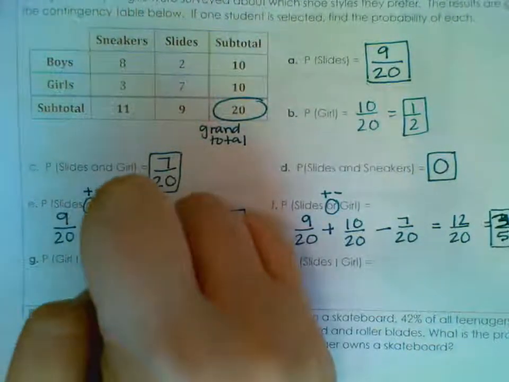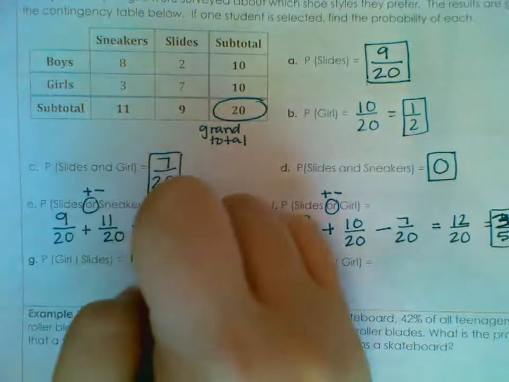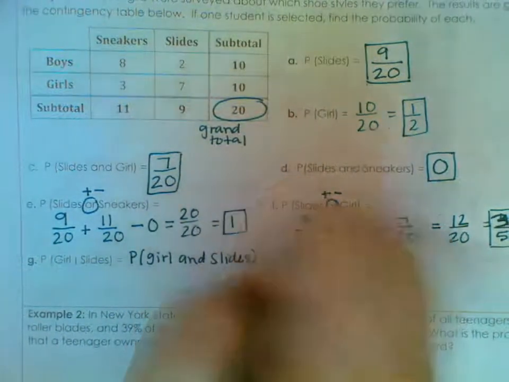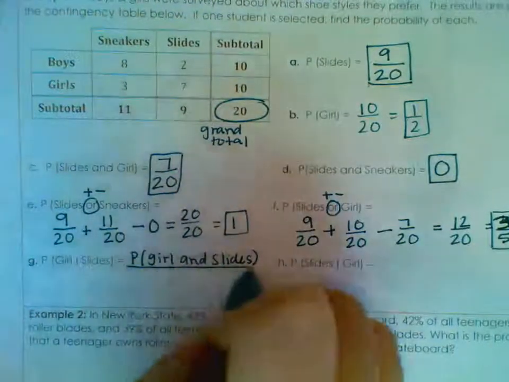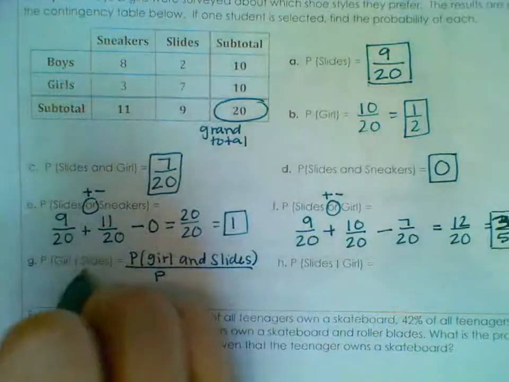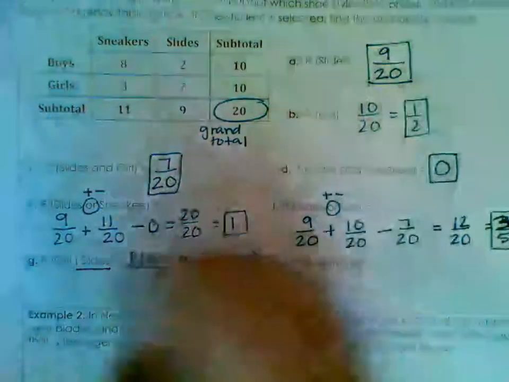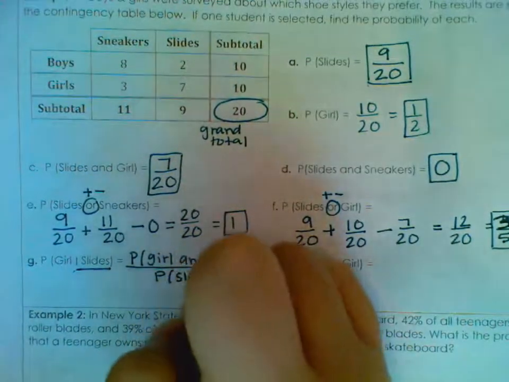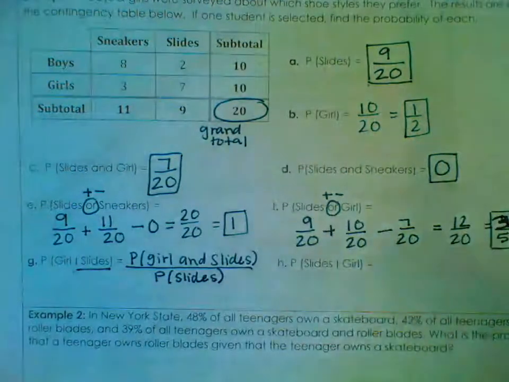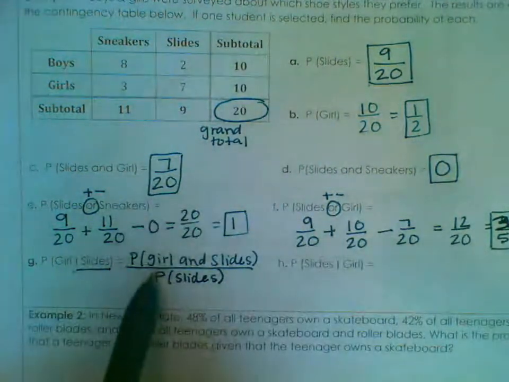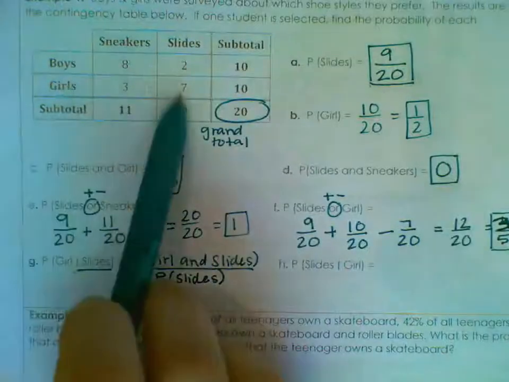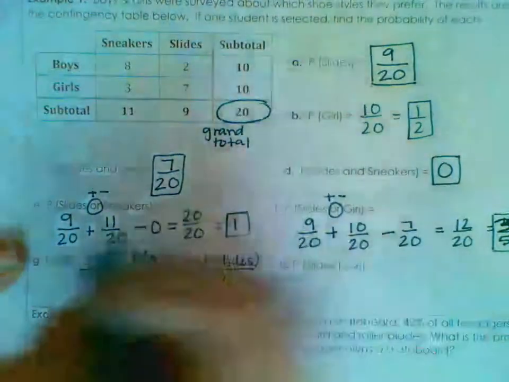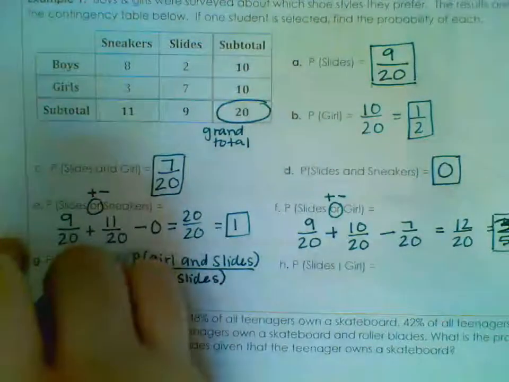We want the probability of getting a girl and slides on the top over the probability of what is given. Slides are given, so we're dividing that by the probability of slides. So girls and slides, that's going to be 7 people out of 20. I'm going to do it right here.